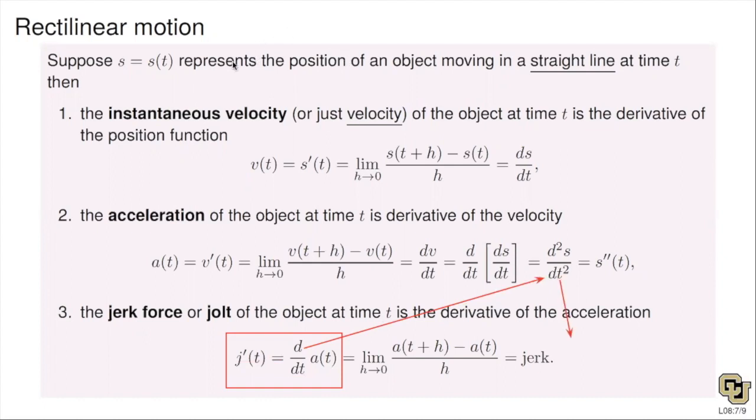So it must be the third derivative. Here, d dt of d squared s dt squared would be d cubed, because I took the derivative of the second derivative. I'll let you think about the notation, and it's also the second derivative of the velocity, because it's the derivative of v prime. I'll let you think about the different derivative relationships between these things.